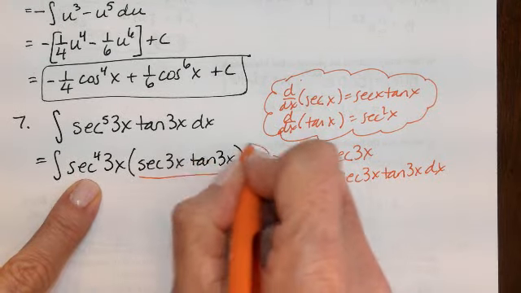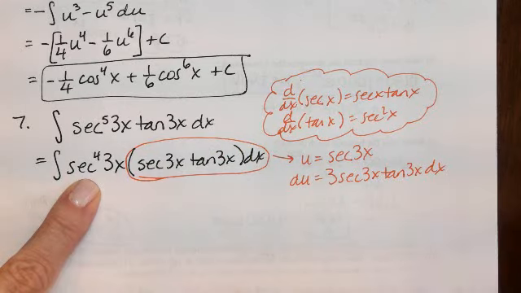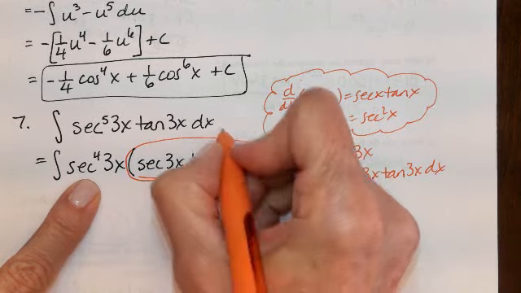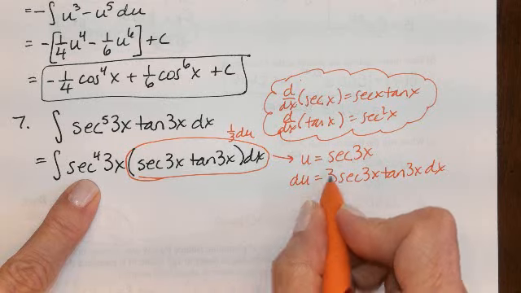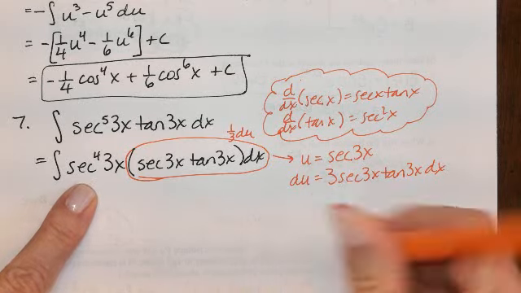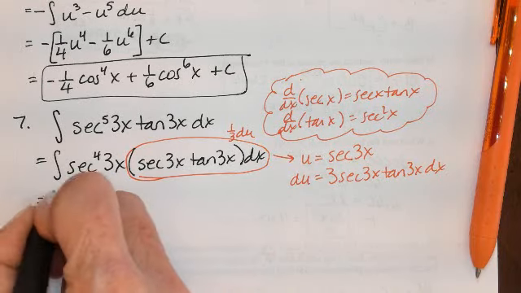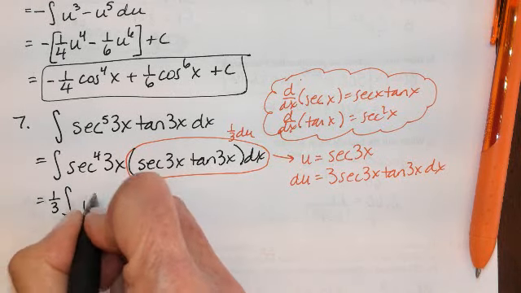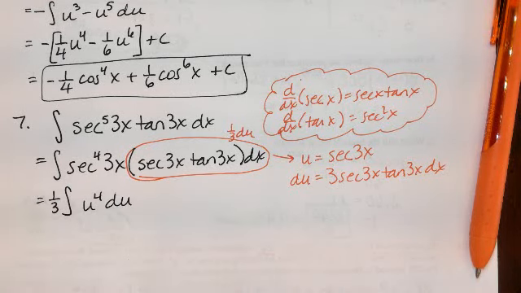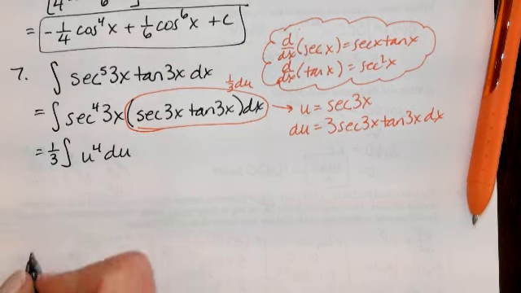So in place of this, I'm putting in 1/3 du, right? Because we have to move that 3 over. So this becomes 1/3 integral u to the 4th du. And now it's just a power rule.